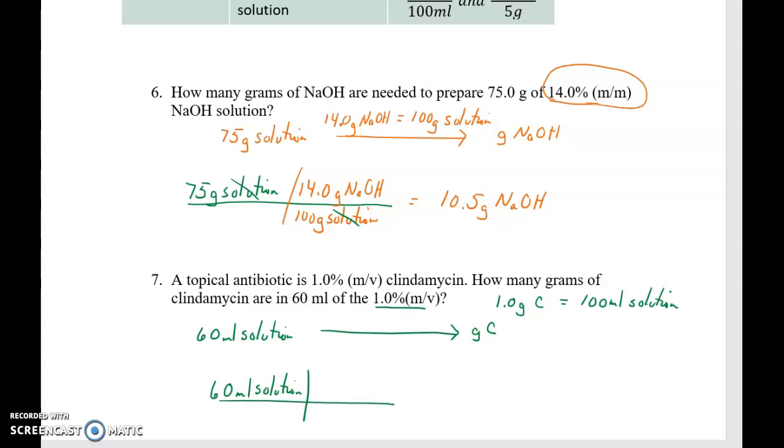We're going to come up here to this equality, and we're going to put the 100 milliliters of solution on the bottom, and our 1 gram of clindamycin on the top. Now we do our math on this, we'll get 0.60 grams of the clindamycin.